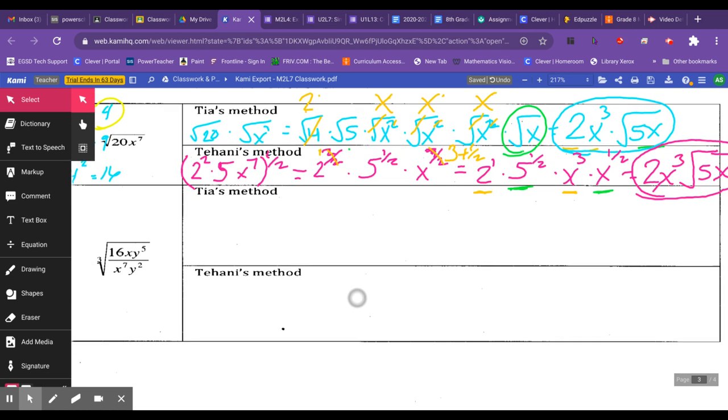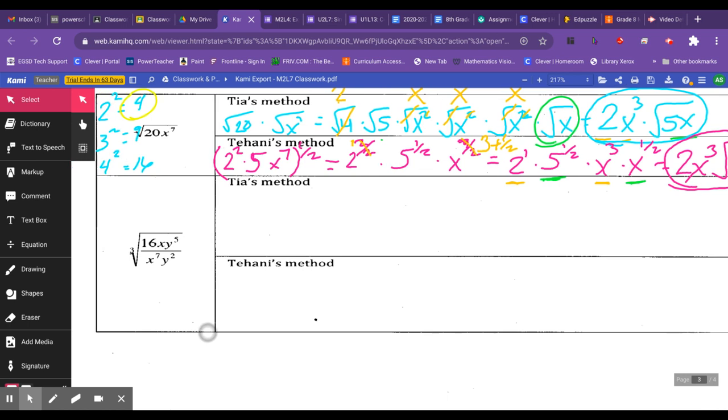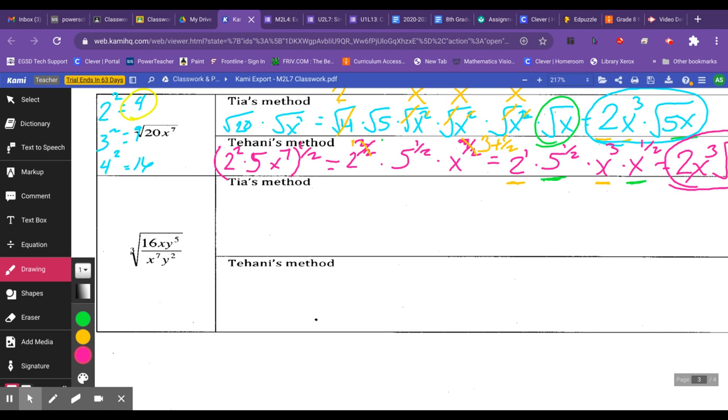One more. This guy is a little more complicated. I might have to go down below to finish this one off. So let's simplify this one first. Let's do our roots.